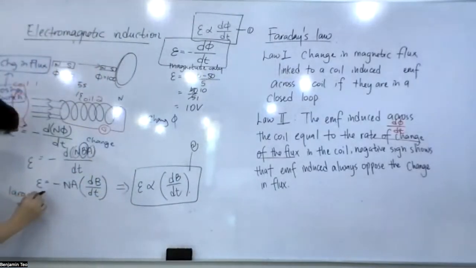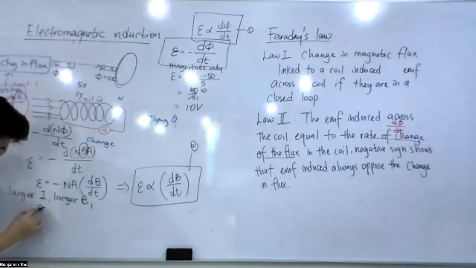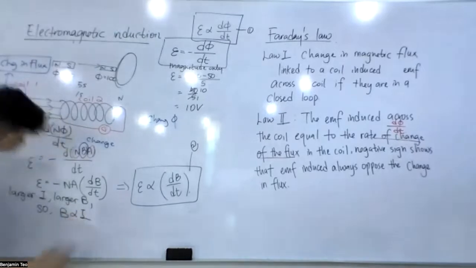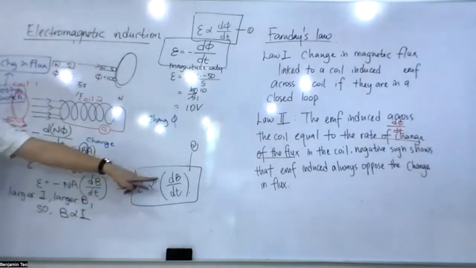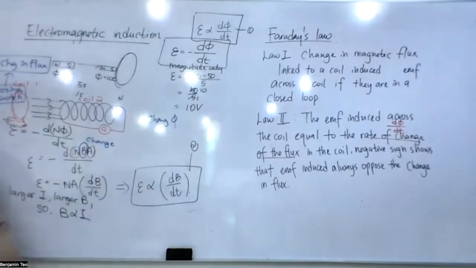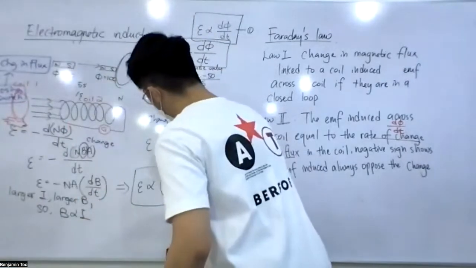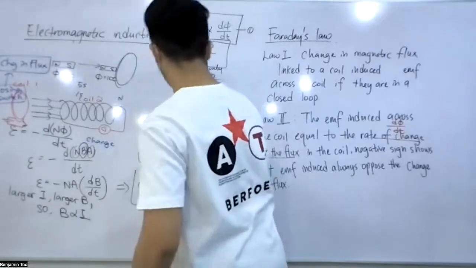Larger I, larger B. So B is proportional to I. Here it says EMF is proportional to rate of change of B. B is proportional to I. That means I can change this to current also. I can also write E proportional to dI over dt. This is the third one.